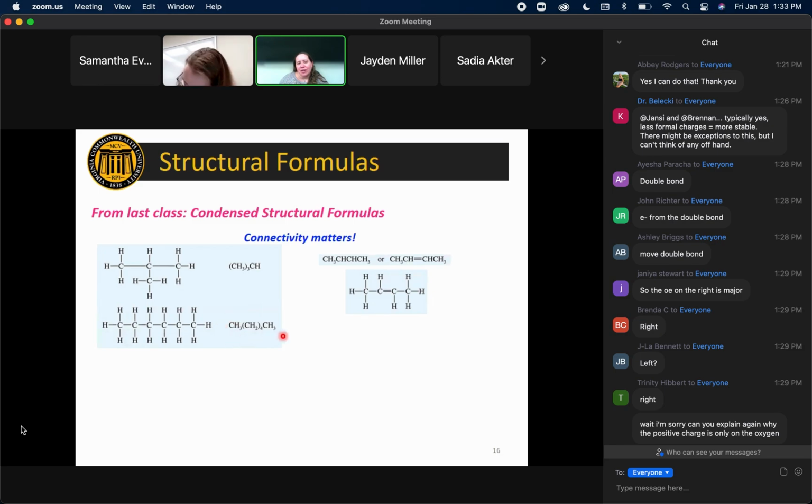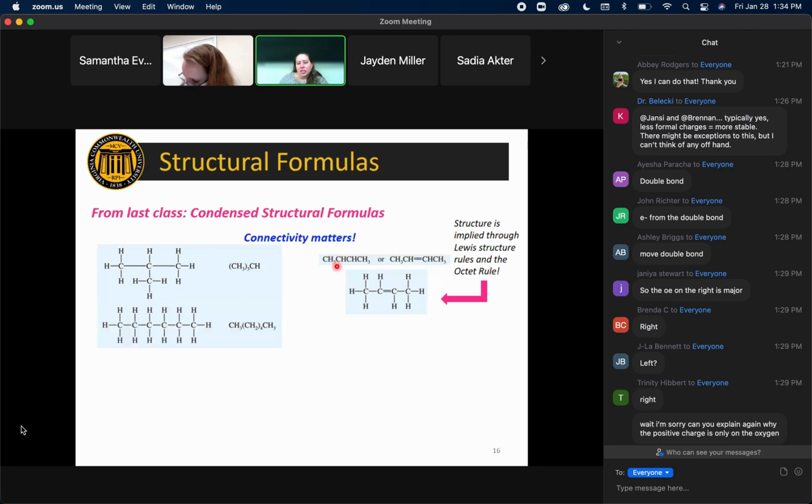So that might have sounded awkward with me explaining it, but I think if you see enough examples, it'll become intuitive. So in addition to connectivity mattering, you need to be aware that structure is implied because all chemists everywhere know the Lewis structure rules and they know the octet rule. So if I show you this condensed structural formula, instead of this condensed structural formula where I'm showing you that there's a double bond, notice that the information is the same in both of them.